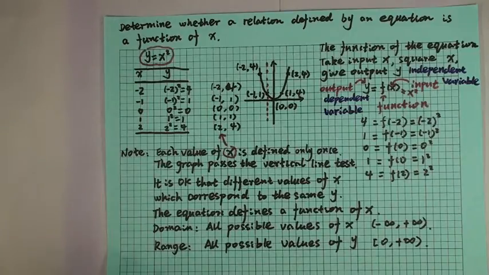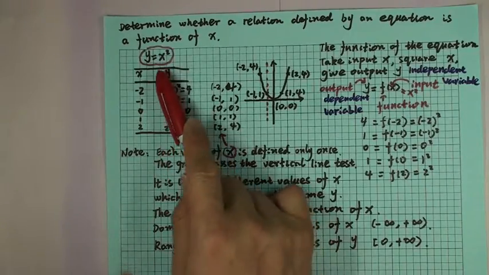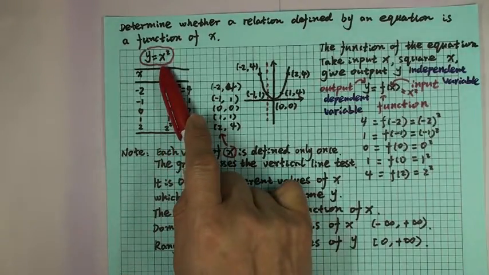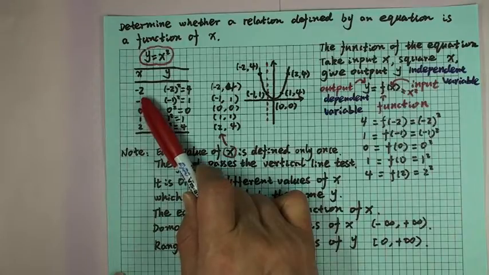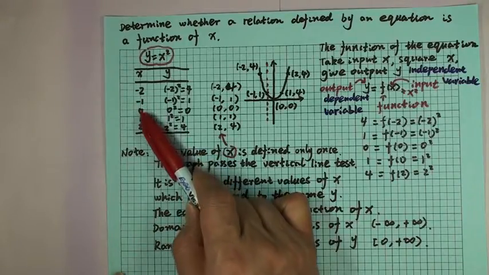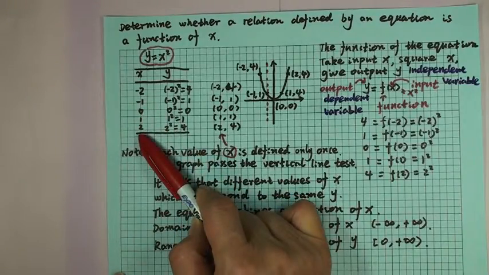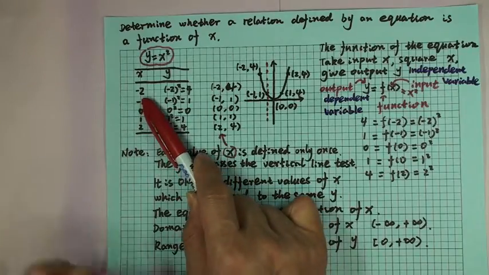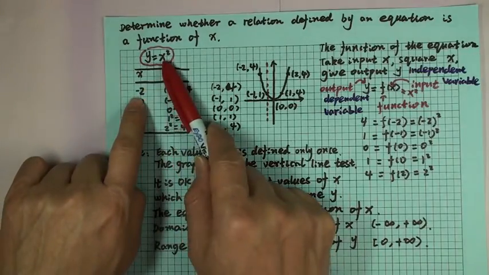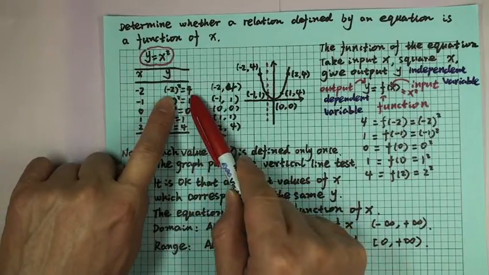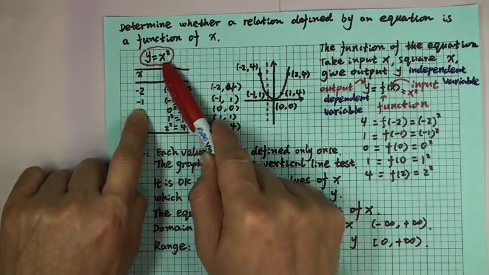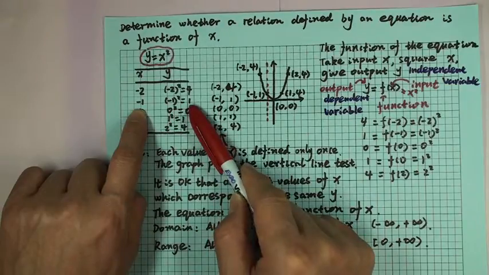Now, to see if the equation defines a function, let's first input some values for x. You see, we may input -2 here, and then we know -2 squared is 4, -1 squared is 1.